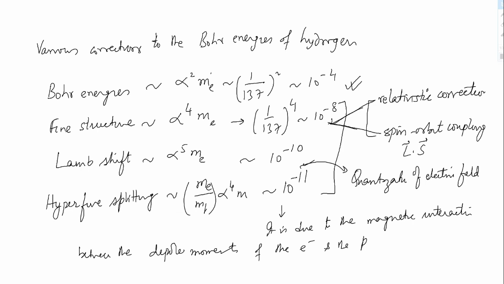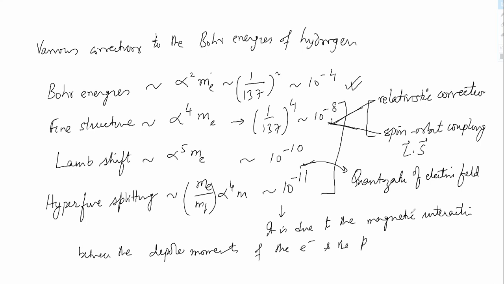Okay, therefore these are the various terms which contribute to the total energy of the hydrogen atom, and these are known as the corrections to the Bohr energy.